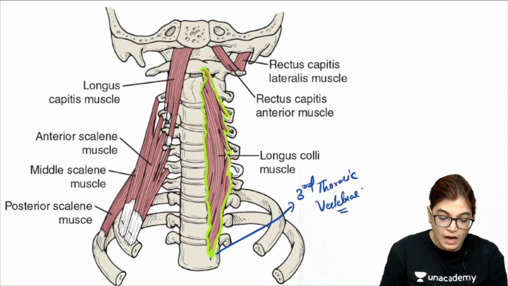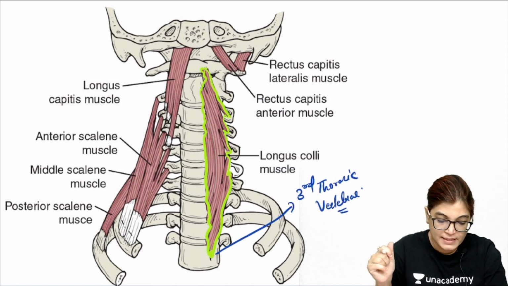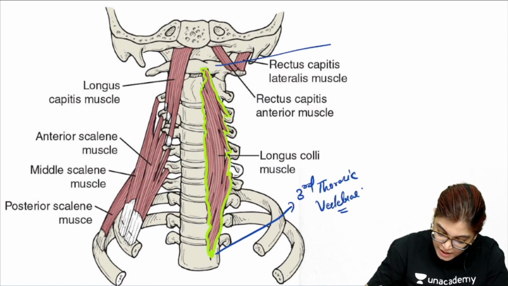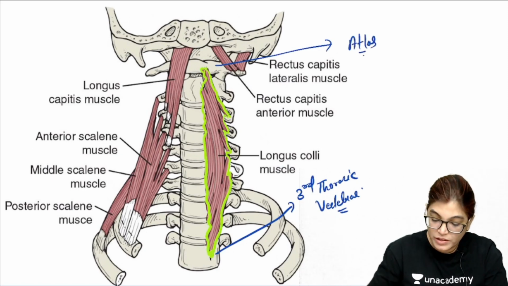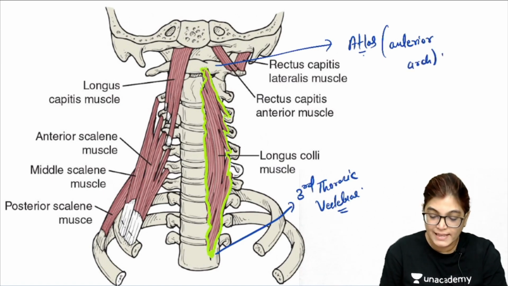On the upper aspect, it is extending to the anterior arch of the atlas cervical vertebra. So this is the whole extent.